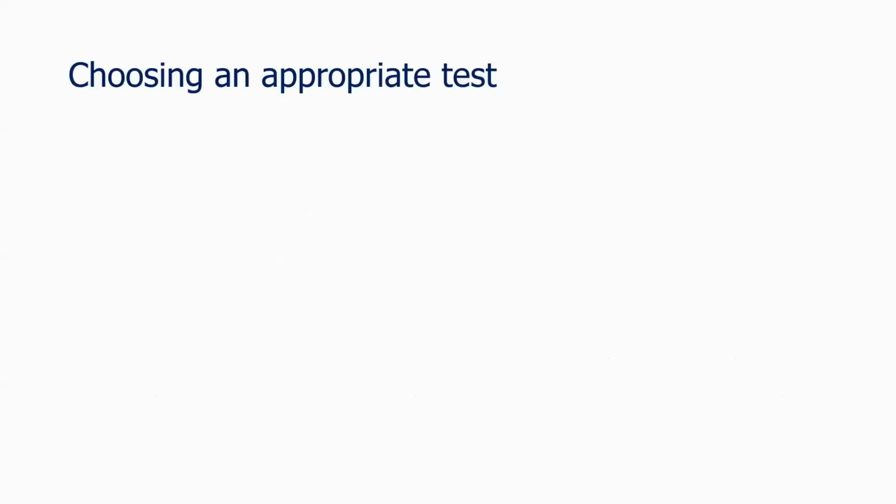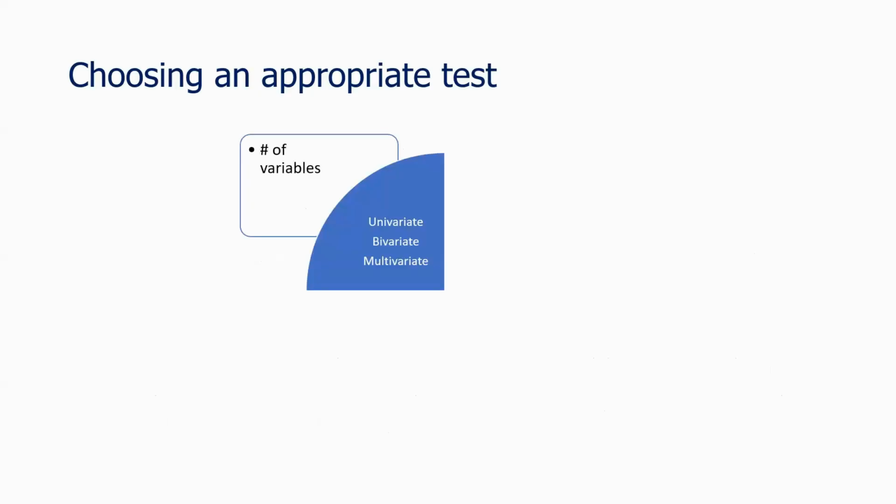So how do we choose an appropriate test? There are four pillars to choosing an appropriate test, and the first is the number of variables, because the number of variables will determine whether you are doing a univariate analysis, a bivariate analysis, which means looking at an association between two variables, or a multivariate analysis, which is more generic.